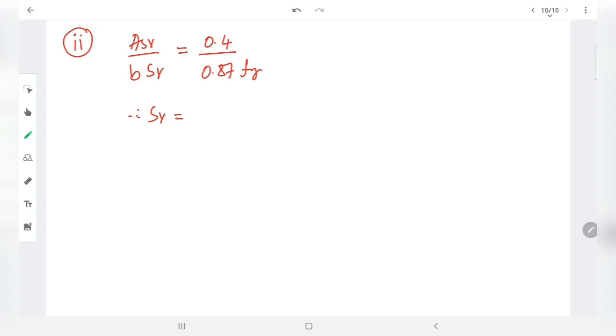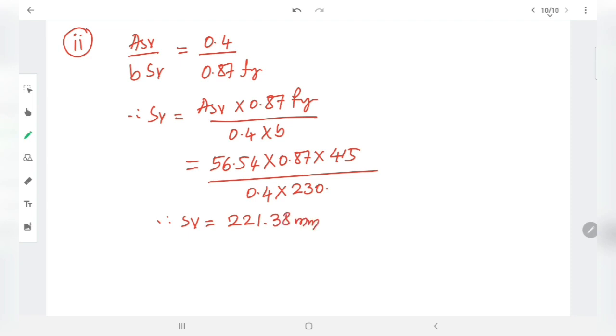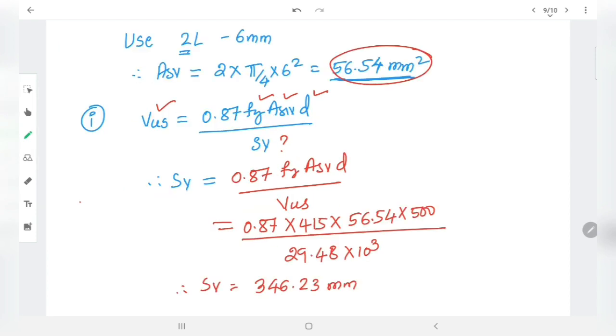When you rearrange, SV is equal to ASV into 0.87 Fy divided by 0.4 into B. When you substitute 56.54 for ASV, 0.87 into 415, divided by 0.4 into B, we get SV equal to 221.38 mm. Earlier, based on the first equation, we got 346.23.